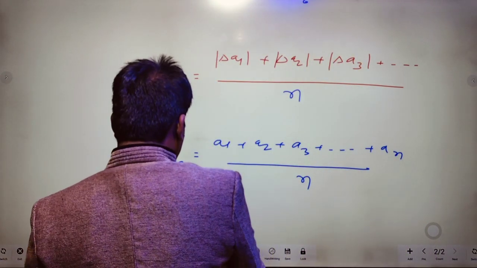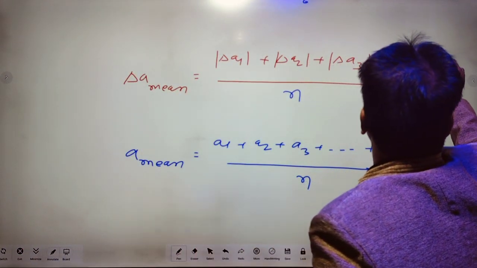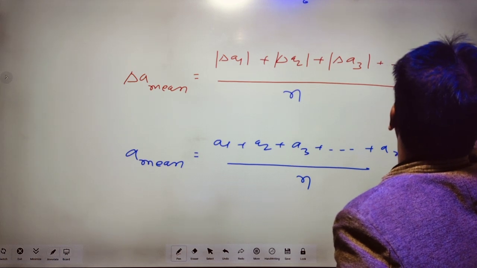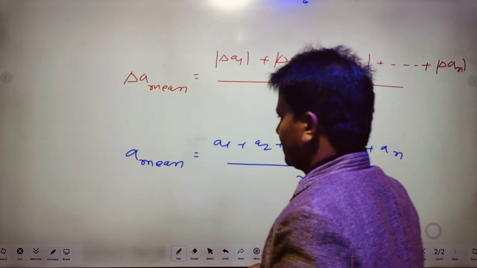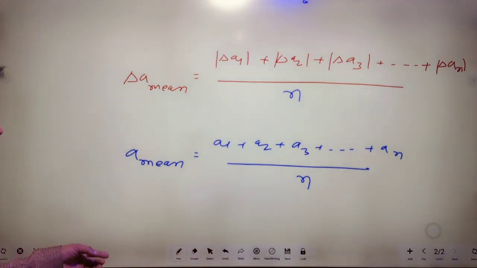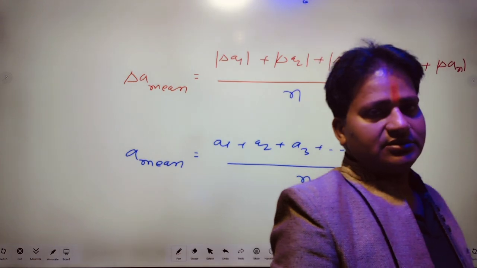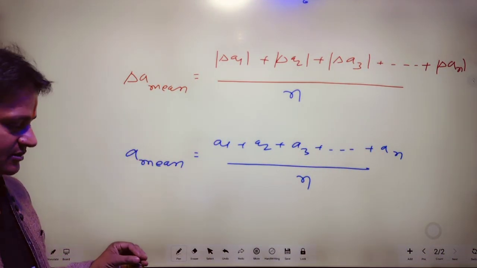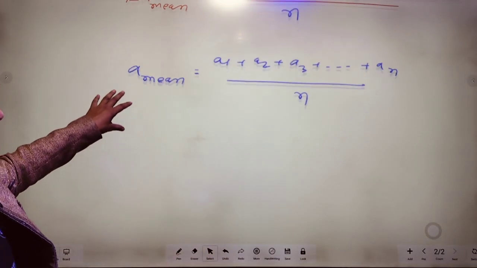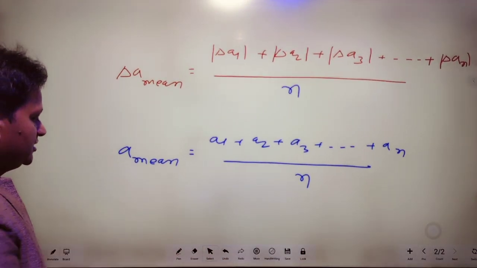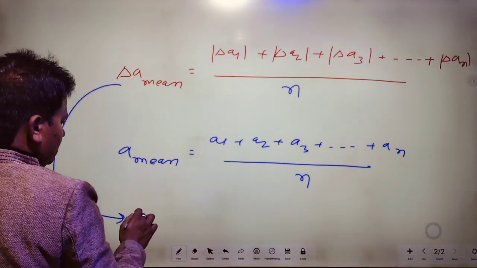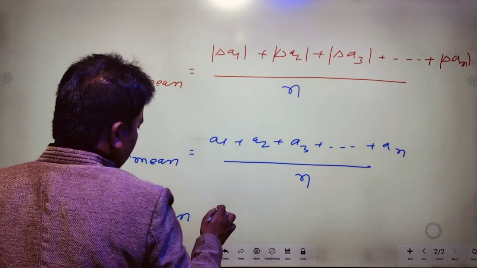This mean value is taken as true value. Delta A mean is called the mean absolute error.